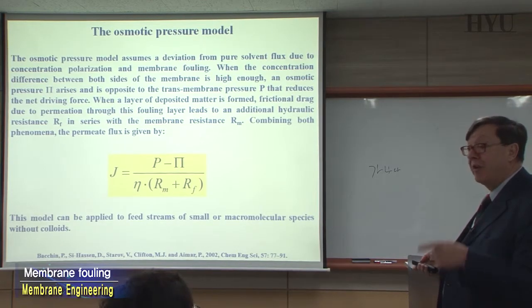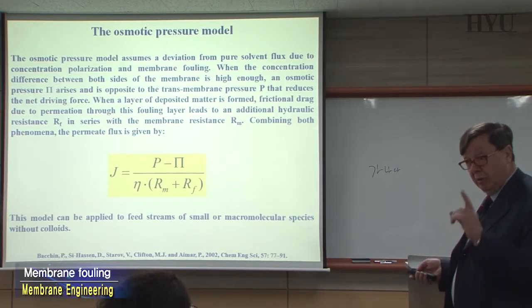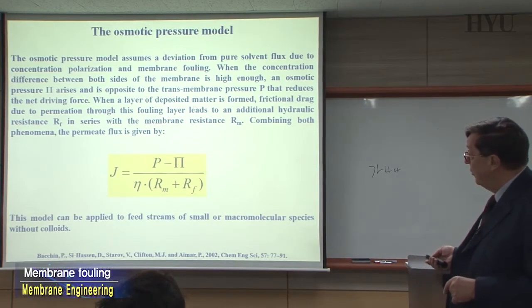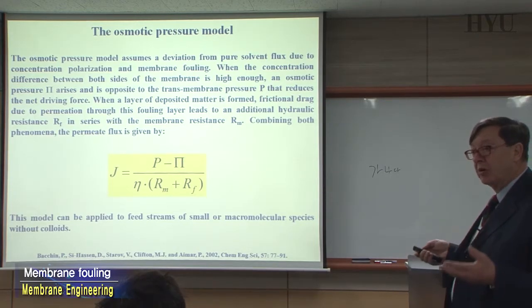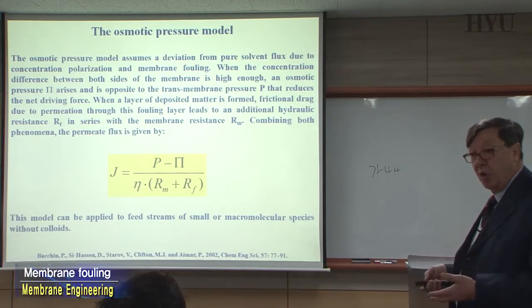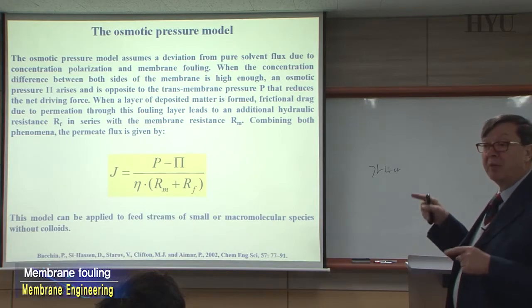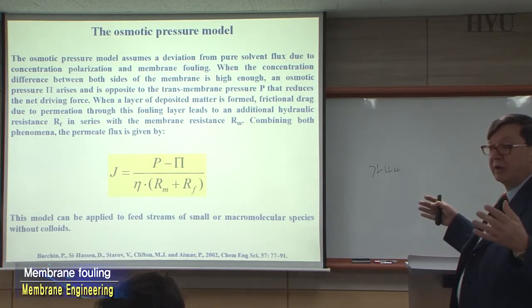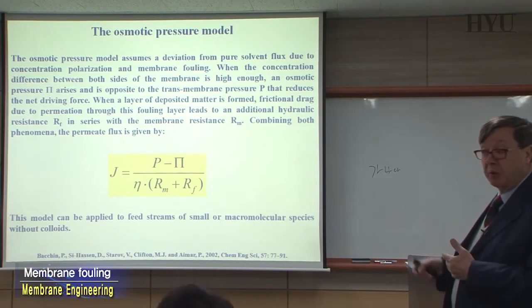And that is one of the effects that people have been neglecting for a long time, and you have to consider. Also because normally, when you are working with ultrafiltration or microfiltration with high molecular weight particles, the osmotic effect is relatively small, because the osmotic effect is related to the concentration in mole per liter. So if you have very high molecular weight, the osmotic phenomenon is relatively low, Van 't Hoff equation.